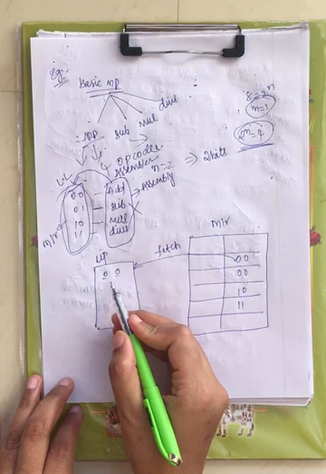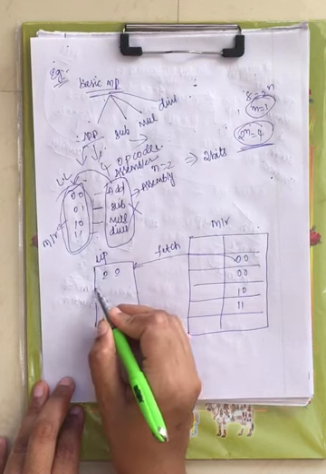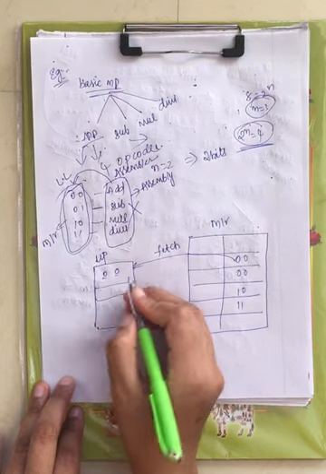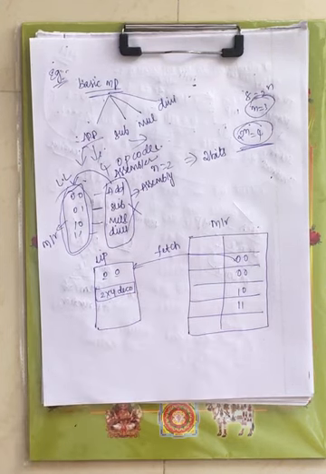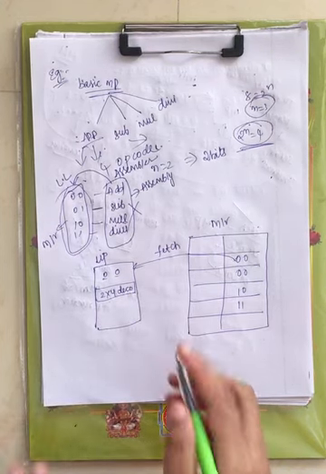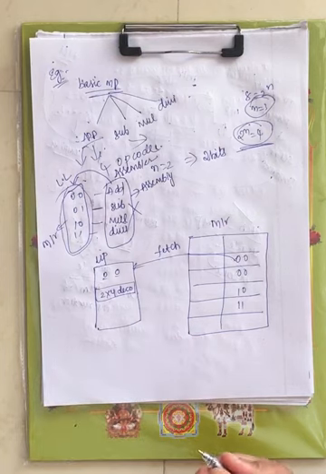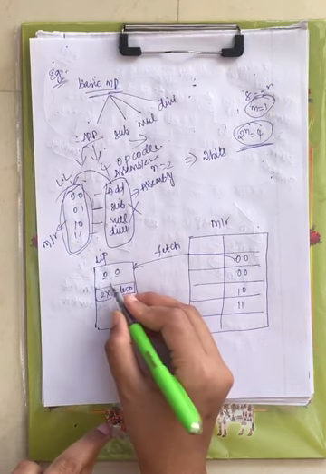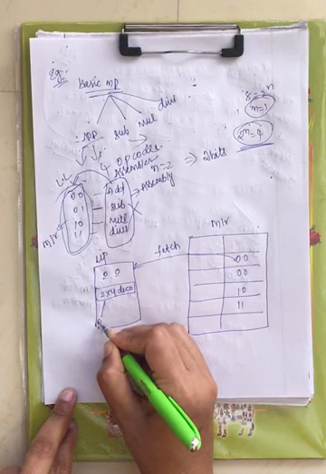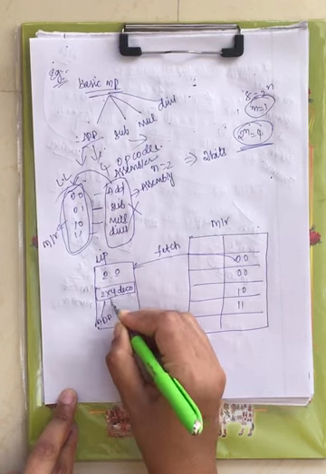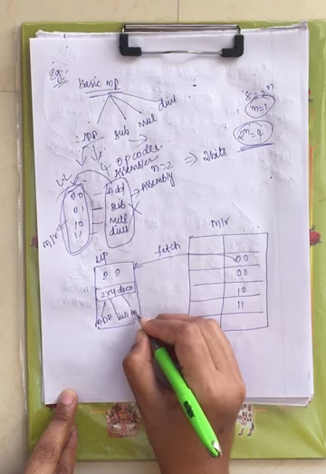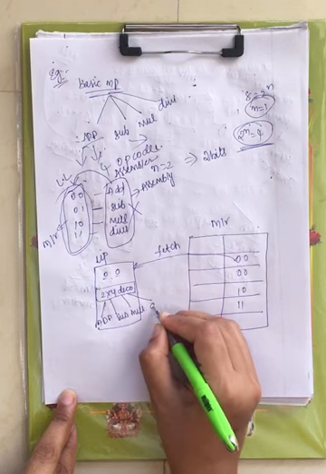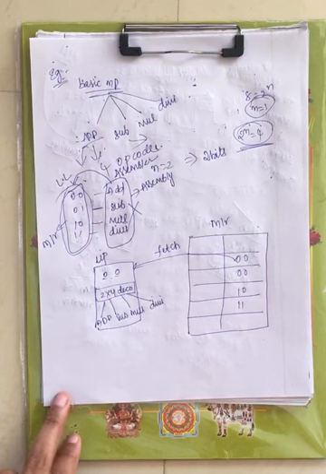Now here how many bits do you have? 2 bits, right? In order to decode that, you will use a 2 by 4 decoder, right? 2 inputs, 4 outputs. The inputs are this one, and the outputs will be: for 00 addition, for 01 subtraction, for 10 multiplication, and for 11 division, right?